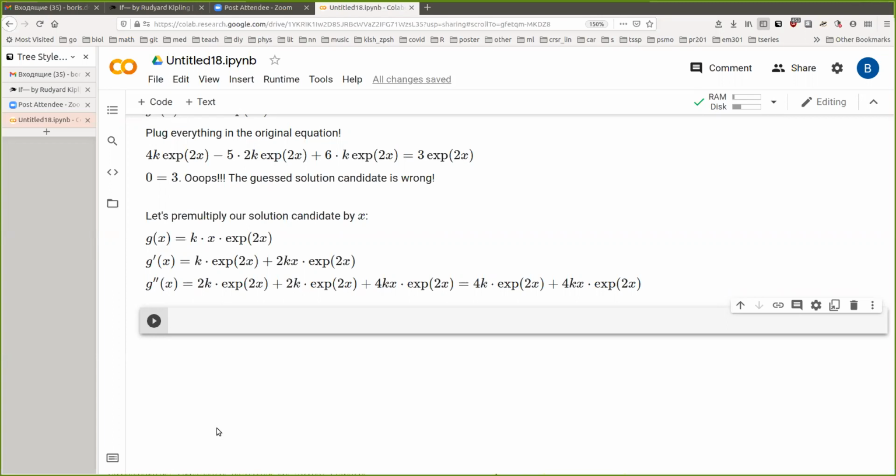And now let's plug in everything in our original equation.